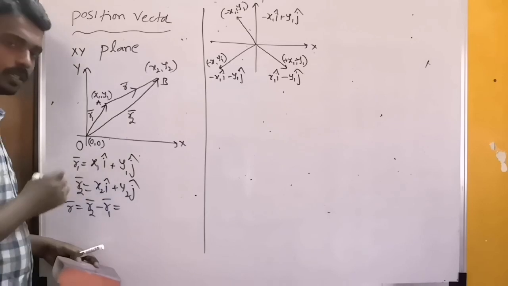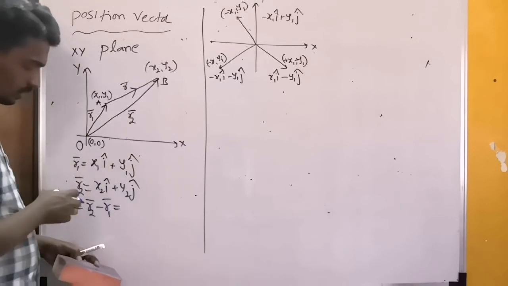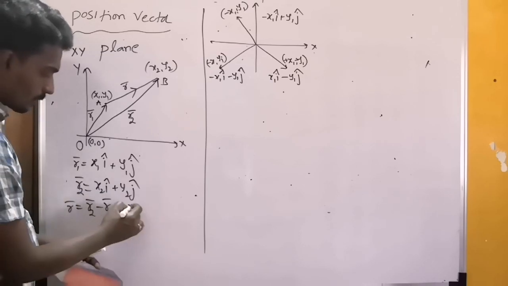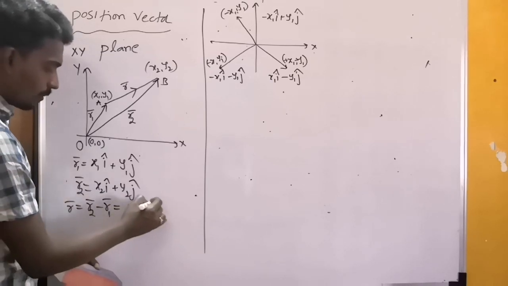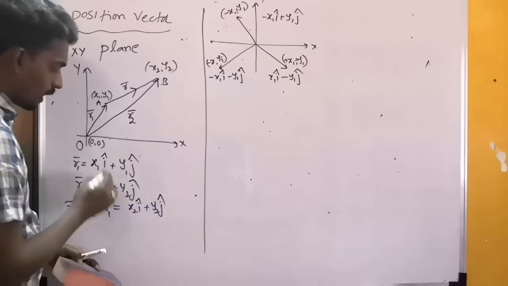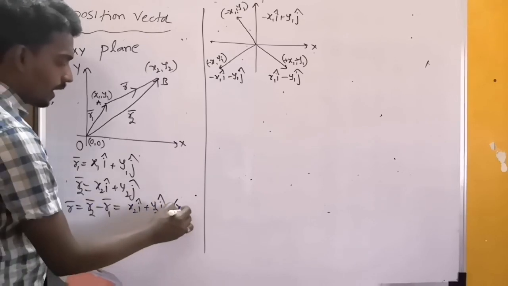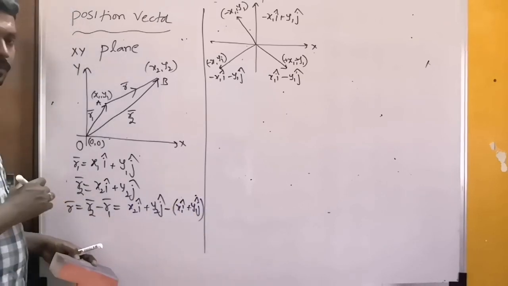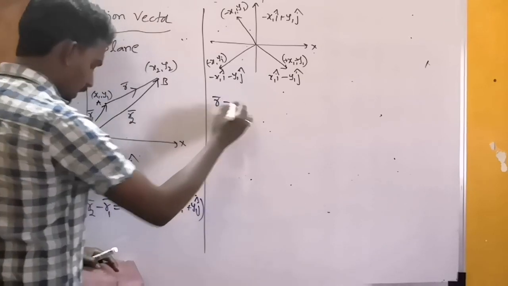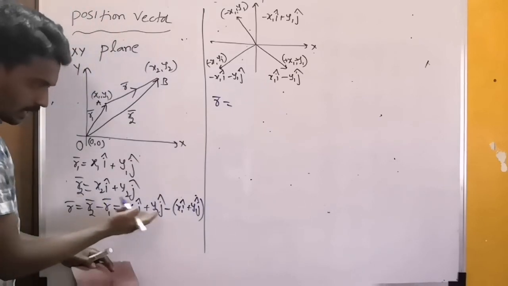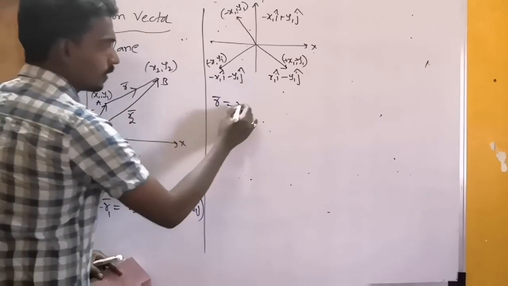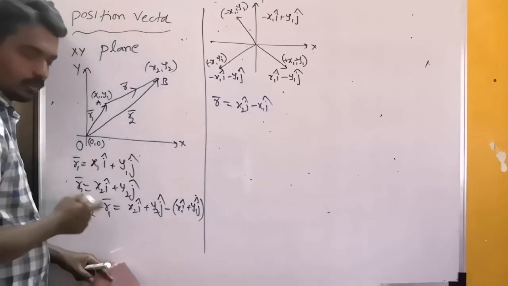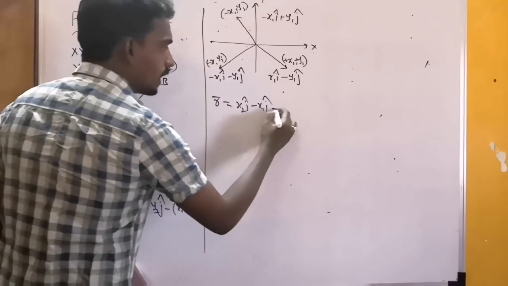So if you subtract these two, you will get the displacement vector. R2 bar, x2 i cap plus y2 j cap, minus x1 i cap plus y1 j cap. Here I am writing R bar equal to x2 i cap minus x1 i cap plus y2 j cap.